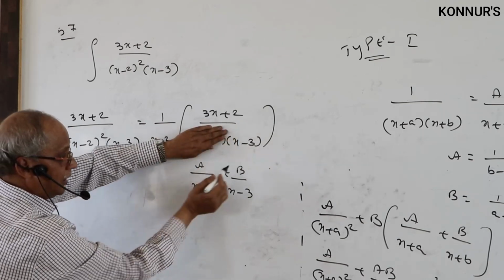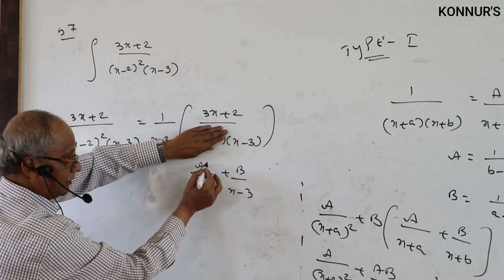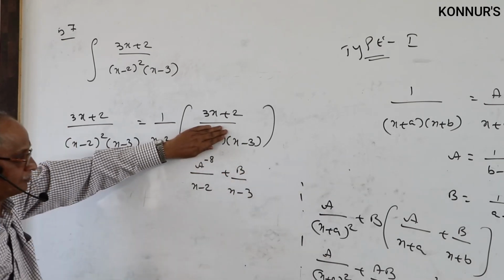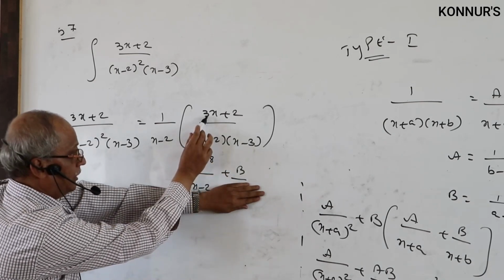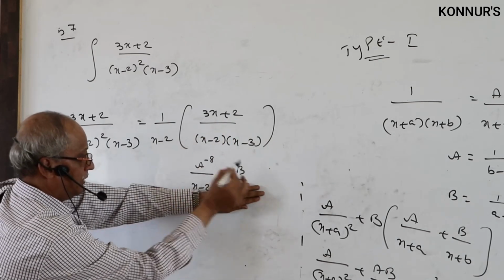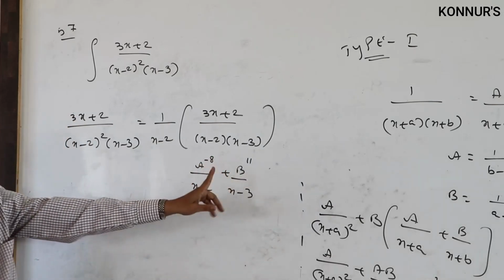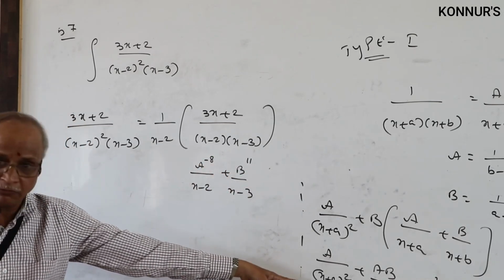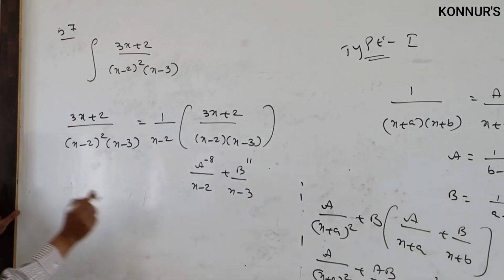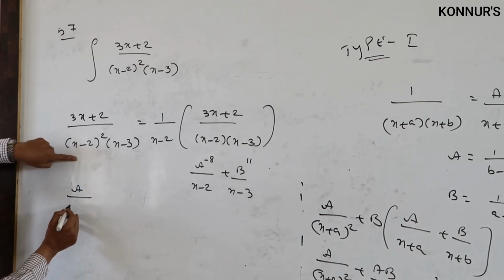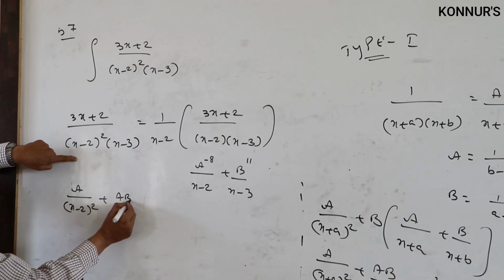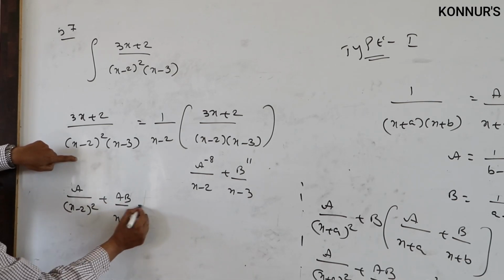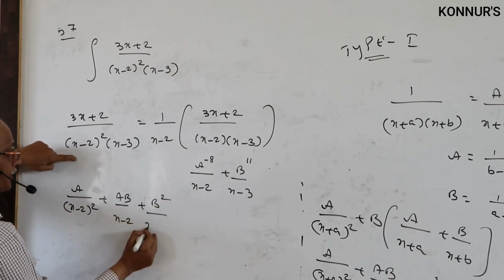6 plus 2, 8. 2 minus 3, minus 1, so minus 8. How to get the B value? Substitute 3 here. 9 plus 2, 11. 3 minus 2, 1. So you know the A value and B value. This is the formula I told you now. A by (x minus 2) whole square, AB by (x minus 2), B square by (x minus 3).